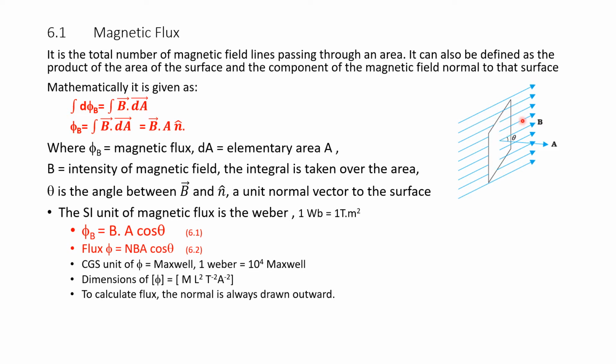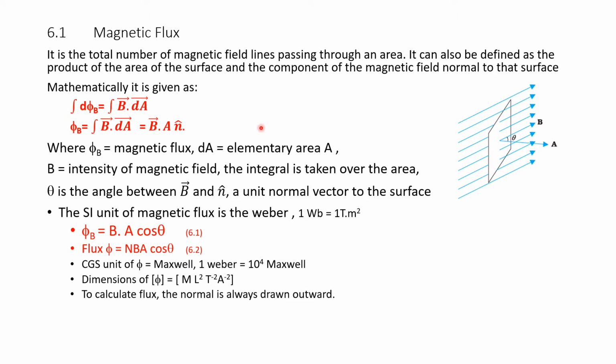So we have to take the number of lines passing through this area. It can also be defined as the product of the area of the surface and the component of the magnetic field normal to that surface. Here n hat is the normal, or this is shown as A here, the surface.